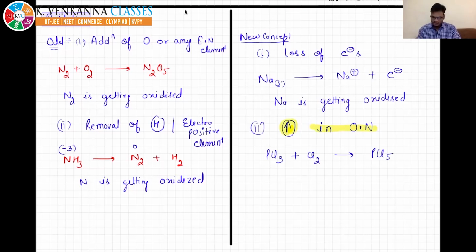The oxidation number of phosphorus is +3 and it becomes +5, so it is increasing. So phosphorus is getting oxidized.